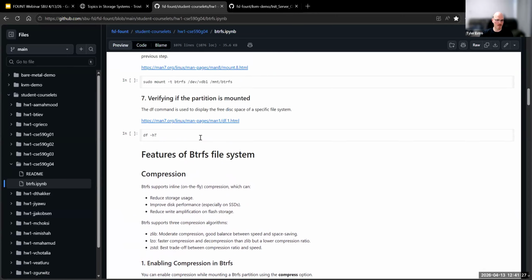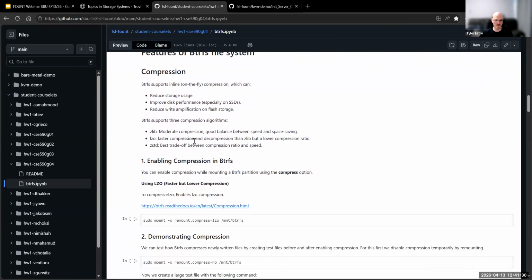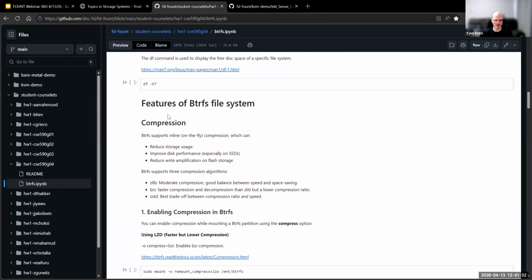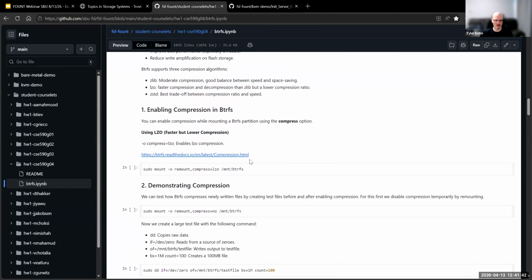After the initial setup, they go into more of the features. This courselet was really nice. They did a really good presentation of all of the more prominent features that you would be interested in for this file system. They have some nice background up front and give you a link to more info if you're interested.